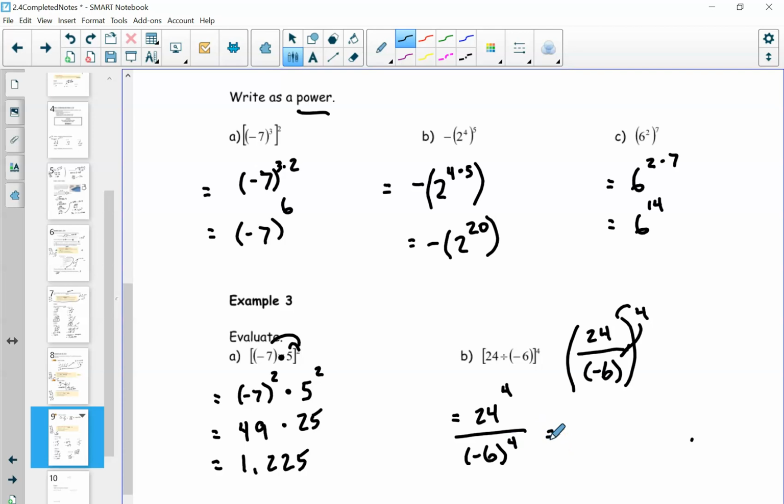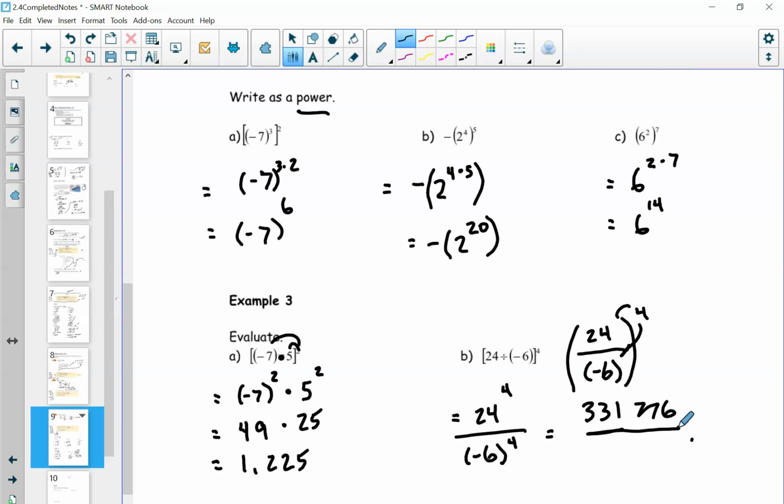So if I look at my calculator, 24 to the power of 4 is going to be a big number. Okay, it's going to be 331,776. Big number. Over negative 6 to the power of 4. Well, it's an even number of negative signs, so the answer is going to be positive.